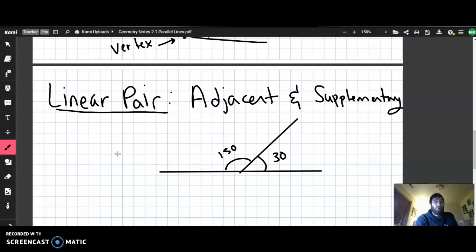And so the 150 plus the 30 is equal to 180. That works because it is supplementary. They are next to each other, so they are adjacent. And when those two things happen at the same time, you'll always get a straight line.